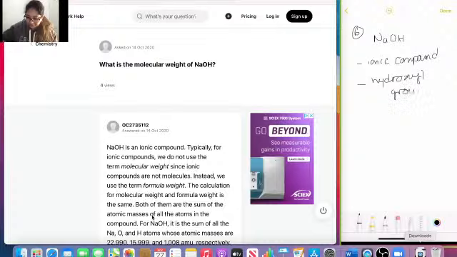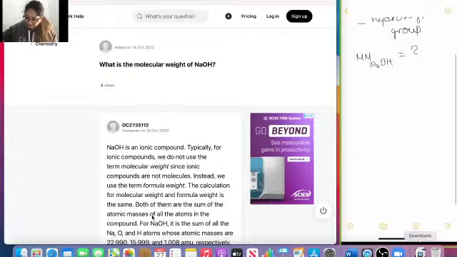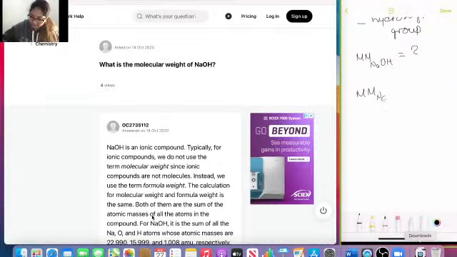Just some background information. To find the molecular weight, they're asking for the molar mass basically. So what is the molar mass of NaOH? If you have your periodic table in hand, you can find the individual molar mass of each of the elements here.